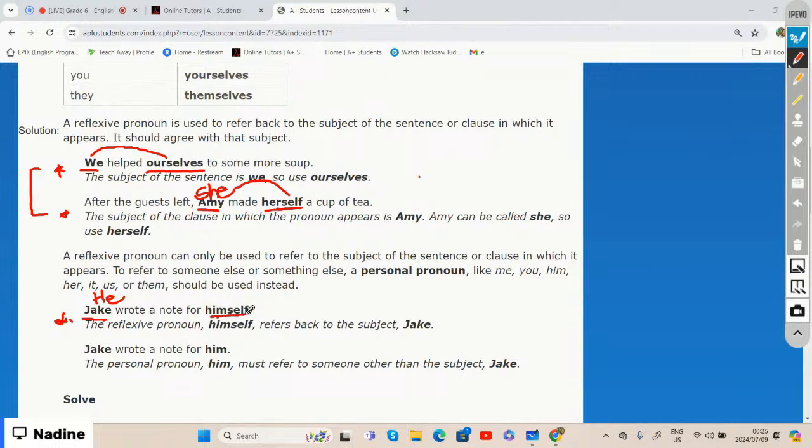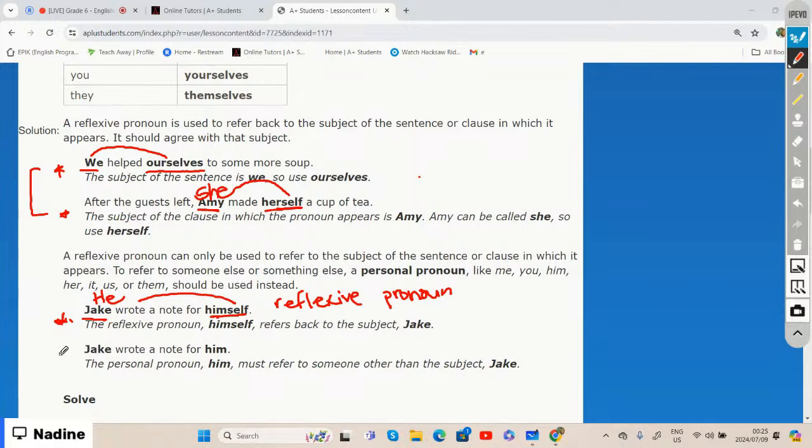Himself is a reflexive pronoun, which means that this refers back to he. So this is a reflexive pronoun, right? Because himself refers back to the subject, which is Jake, or we can use Jake as he.